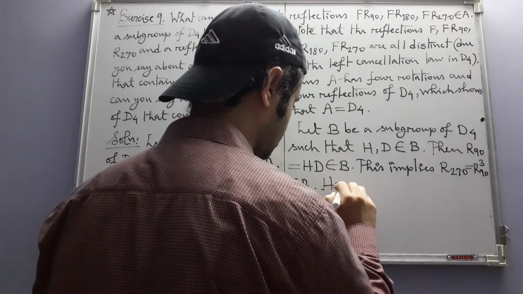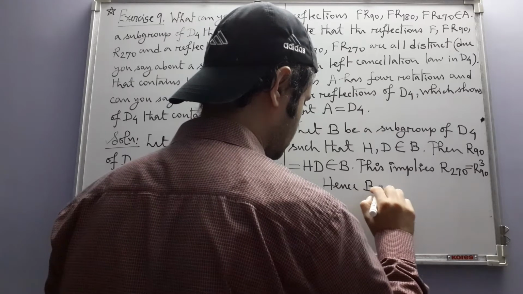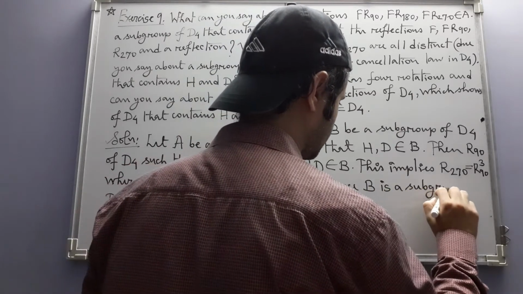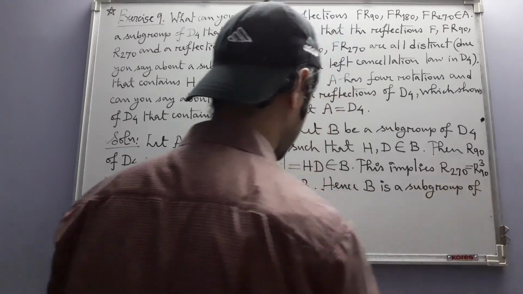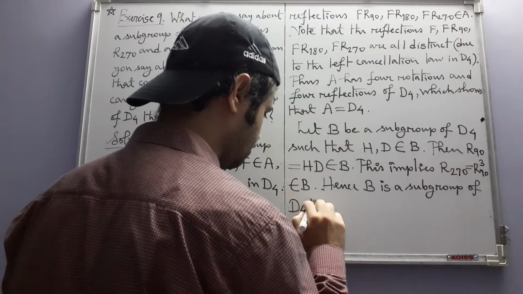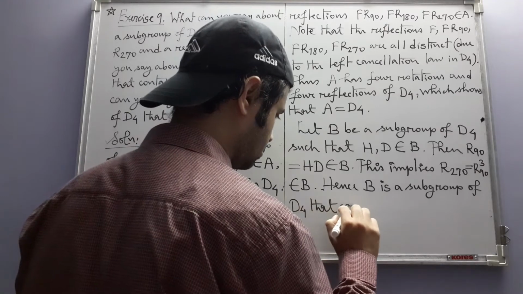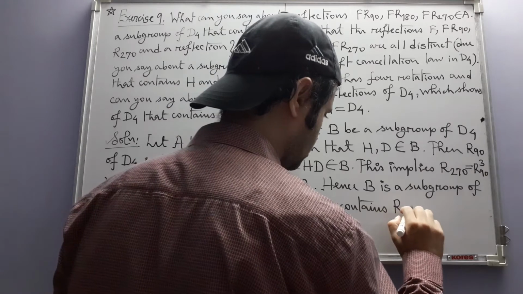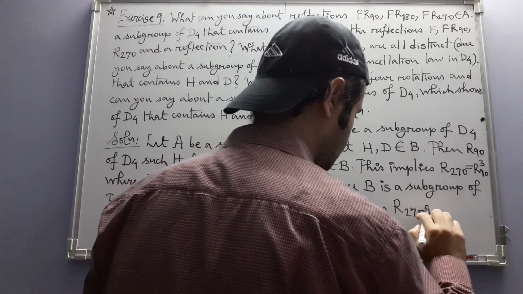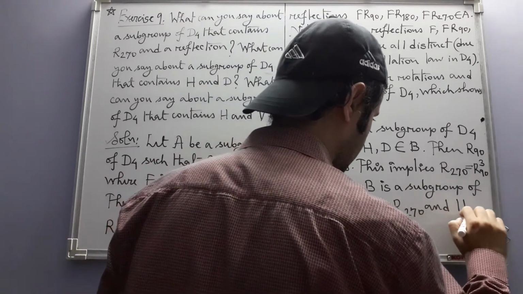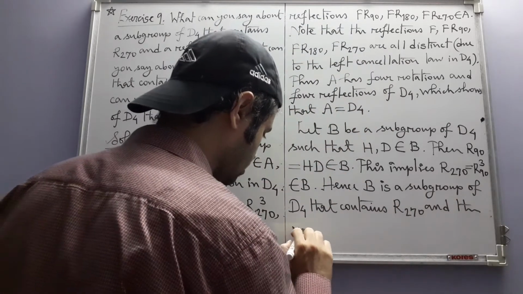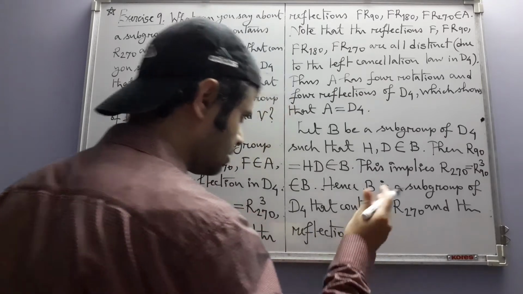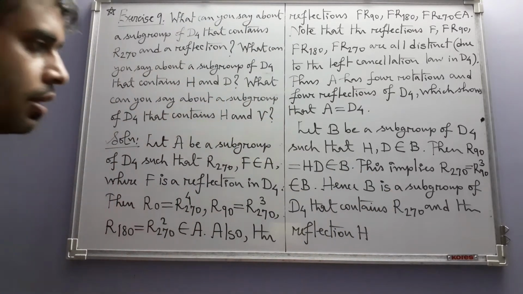Hence, B is a subgroup of D4 that contains R270 and the reflection, say H. It contains D also, but only one is enough.